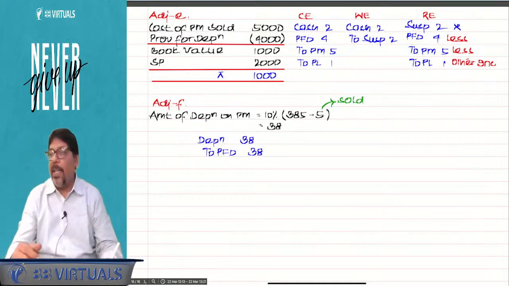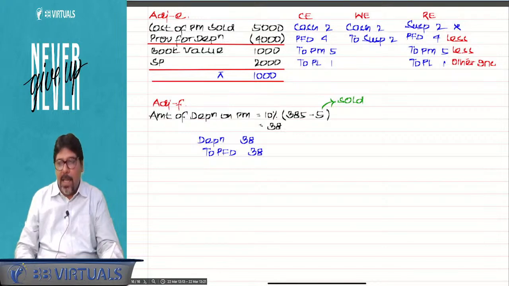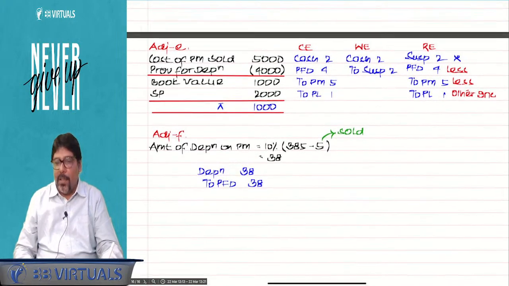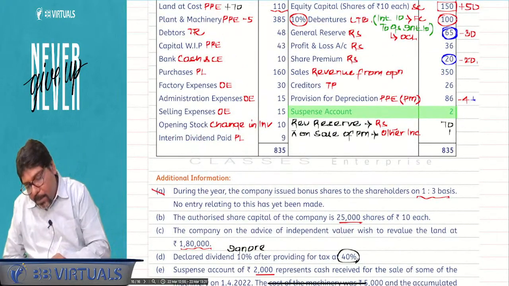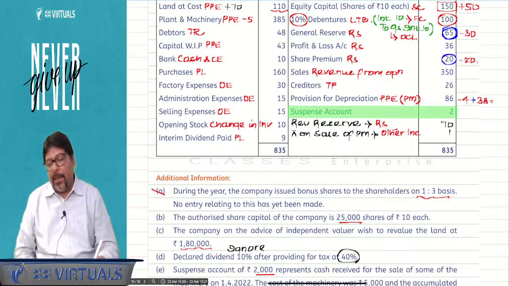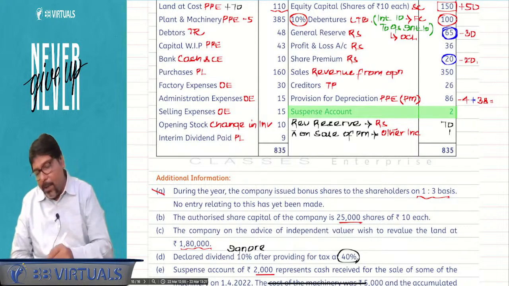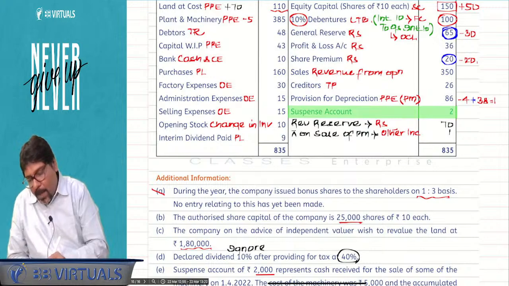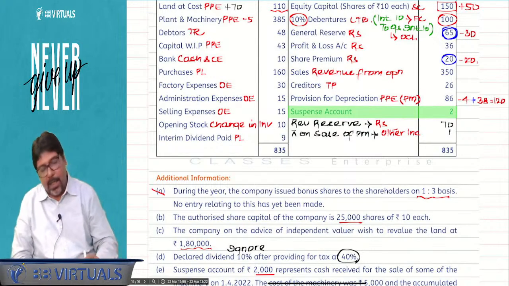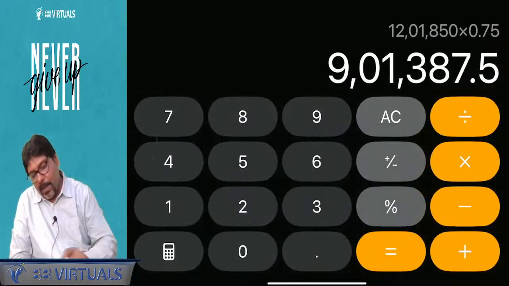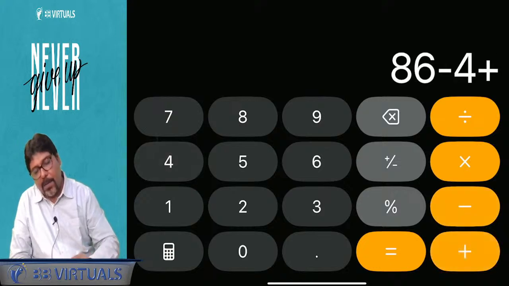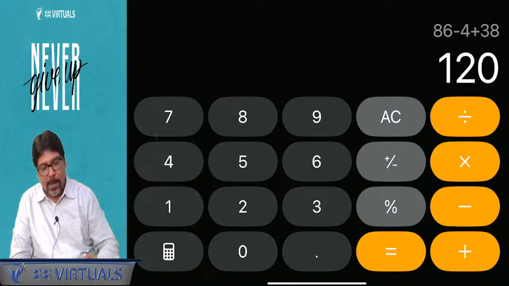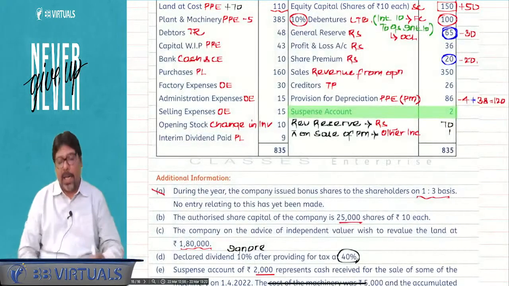So the provision for depreciation is 86 minus 4 plus 38. 86 minus 4 is 82. 82 plus 38 is 120. Correct?